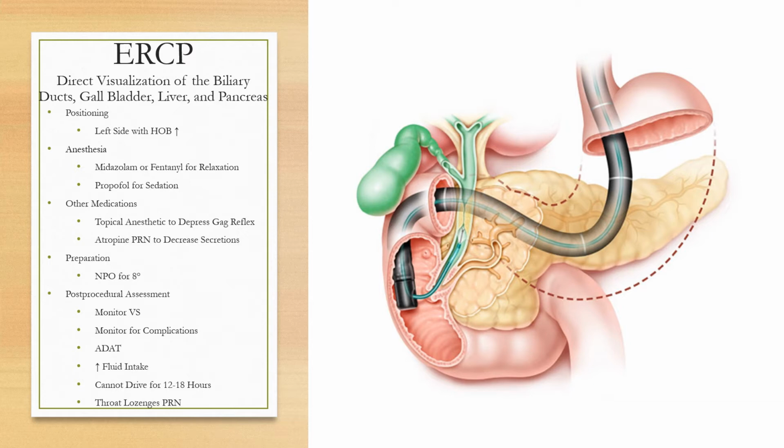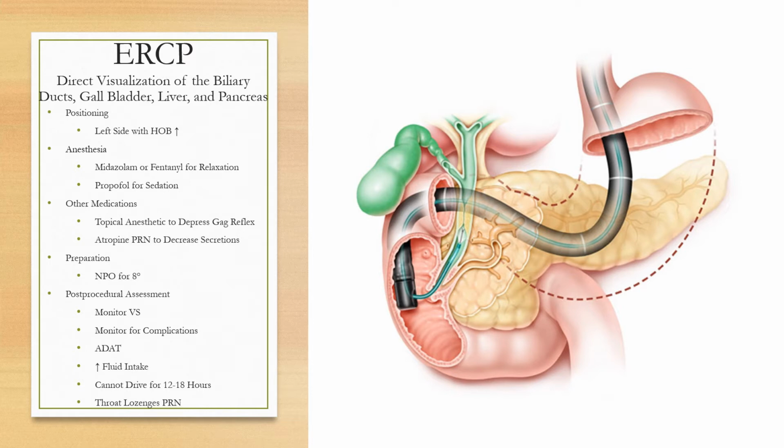One of the complications of this that's not mentioned here, and I don't see it in the book, but it's kind of an important one, is that the contrast media that's put into the common bile duct can really irritate the pancreas. And this can be a cause of pancreatitis. Okay, so the pancreas reacts with this contrast media and it becomes incredibly inflamed.